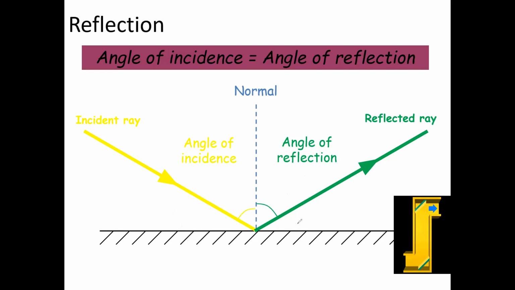Same way, another example, if this angle is 45 or say 60, if the angle between the reflected ray and the surface, this is the surface, is 60, what will be the angle of reflection?